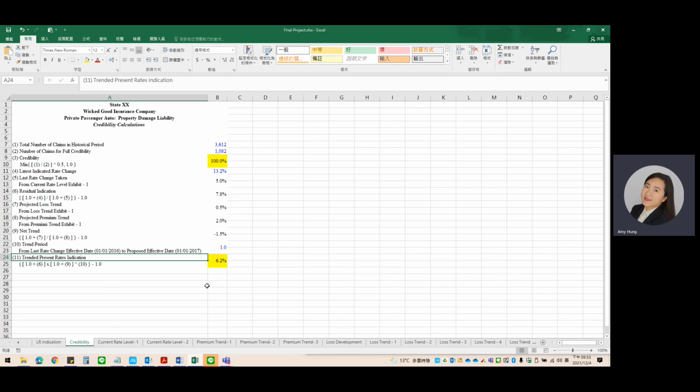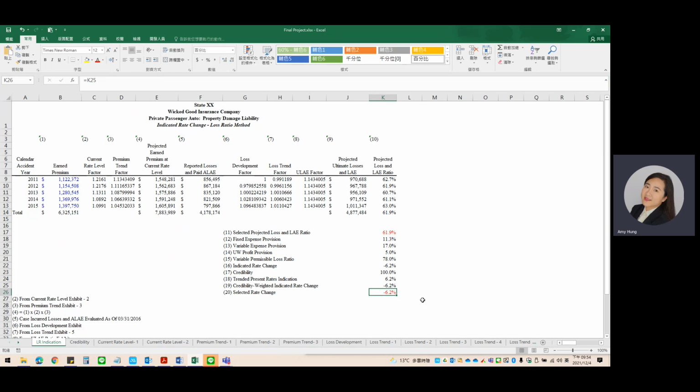The credibility and trended present rates indication allows us to obtain the credibility weighted indicated rate change at the previous sheet, which is this one. We use the credibility to get this number, and we select it as this number.